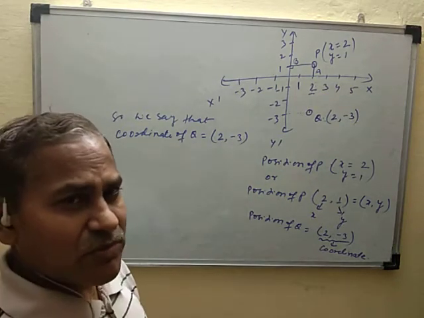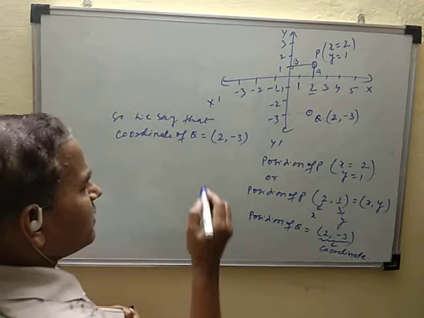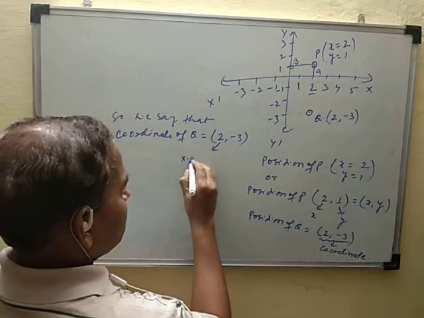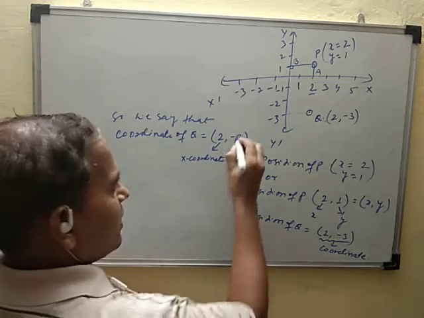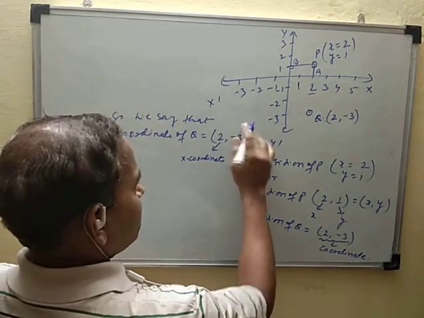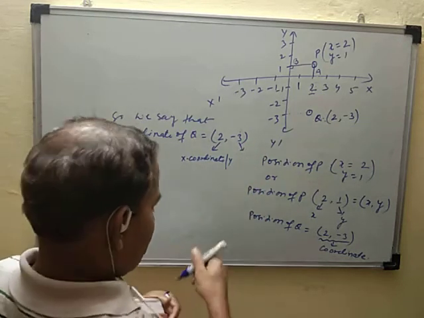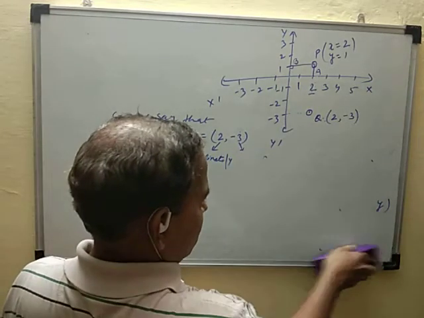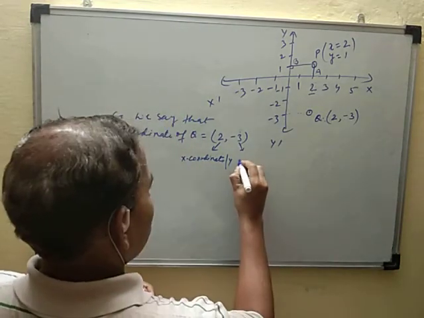This coordinate 2 is called the x coordinate, and this coordinate -3 is called the y coordinate.